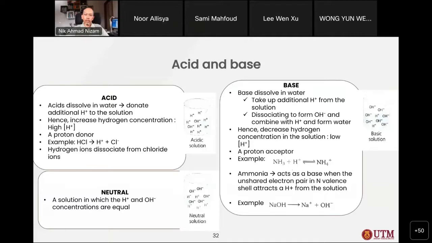This OH- can interact with H+, forming water, so the number of H+, or protons, will be lower. And in neutral, there is a balance between the H+ and OH-.